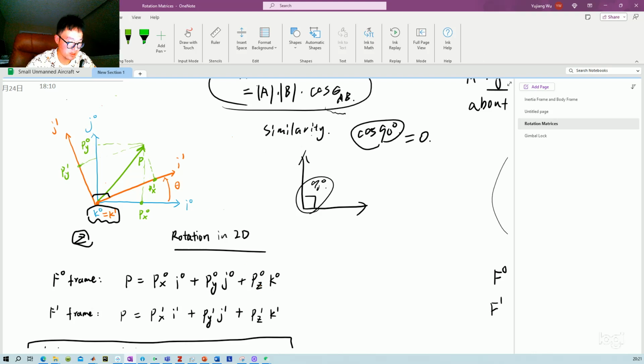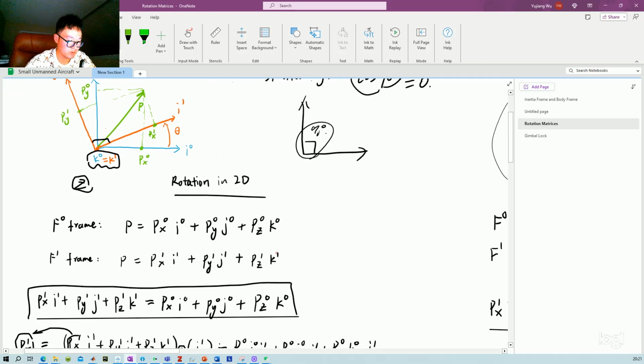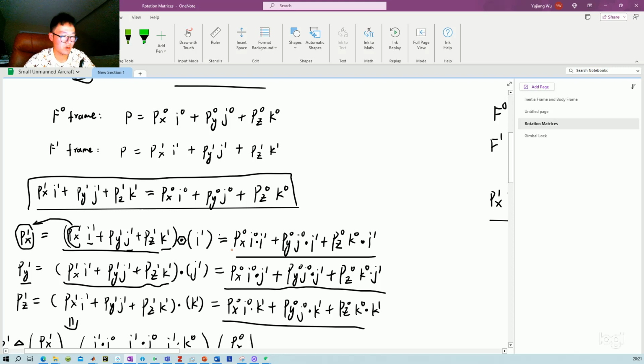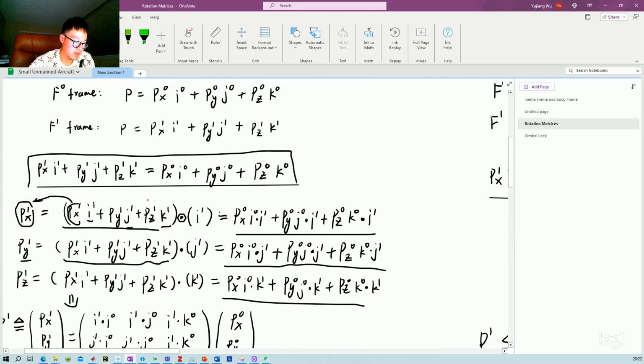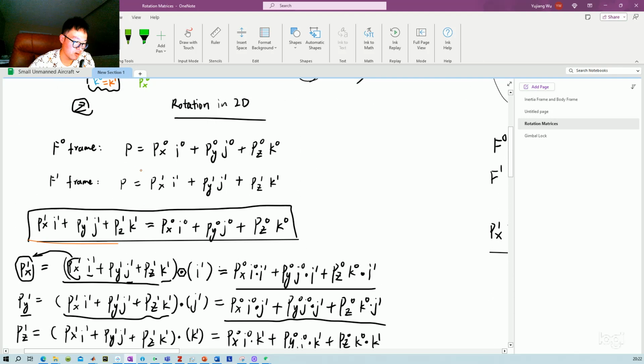In this specific case, pz0 is actually 0, but I wrote it anyway for general purpose. Frame 1 is the same thing, just the projection will be a little bit different. And then we can set them equal to each other because they are all this same p vector.